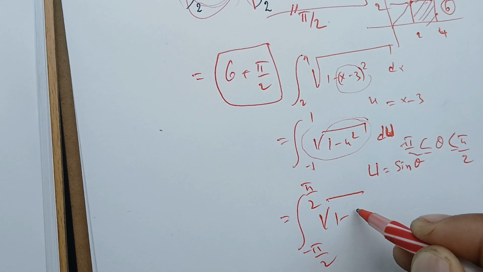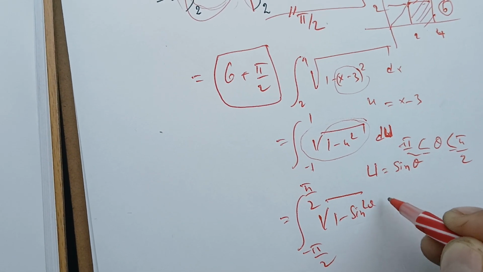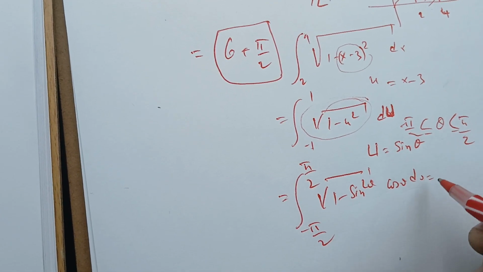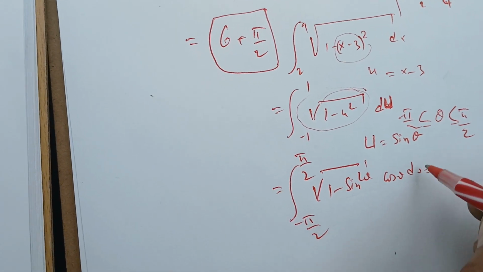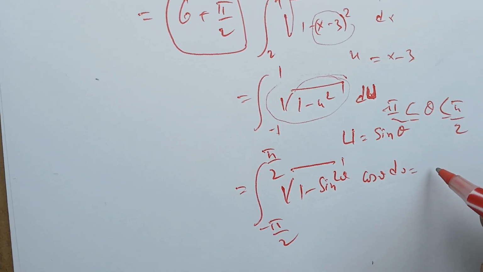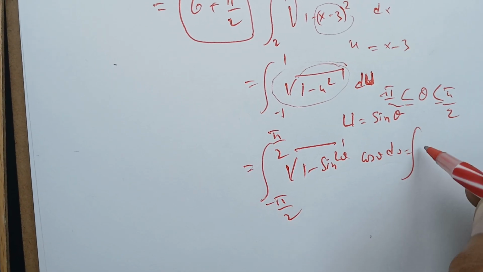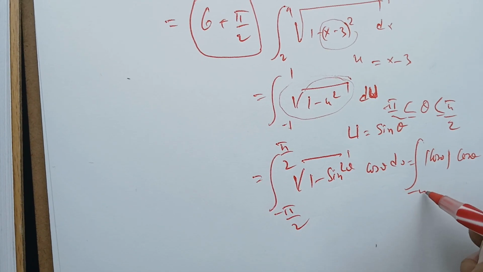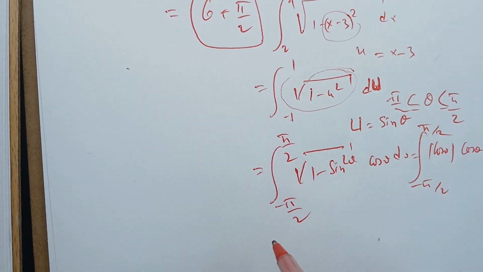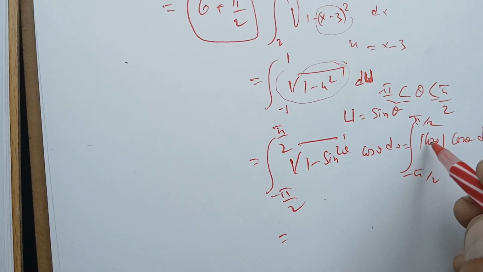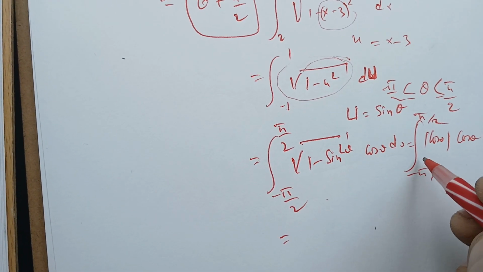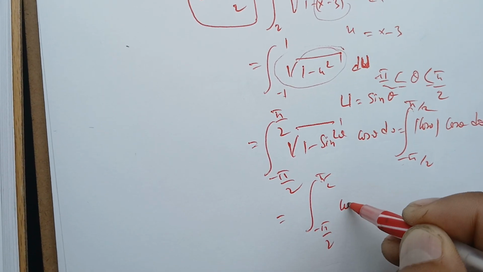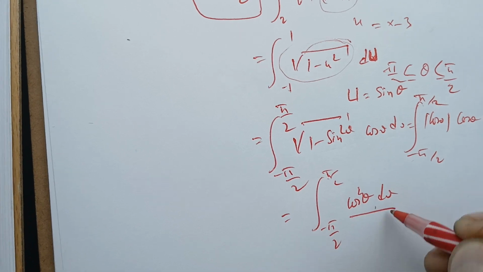So we have the integral between minus pi over 2 and pi over 2 of the square root of 1 minus sine squared of theta, and du is cosine theta d theta. We get the absolute value of cosine theta times cosine theta d theta. Since cosine is positive between minus pi over 2 and pi over 2, we have to compute the integral from minus pi over 2 to pi over 2 of cosine squared of theta d theta.